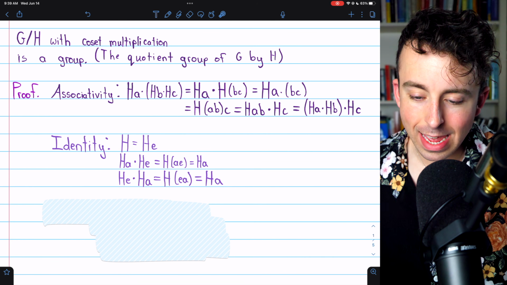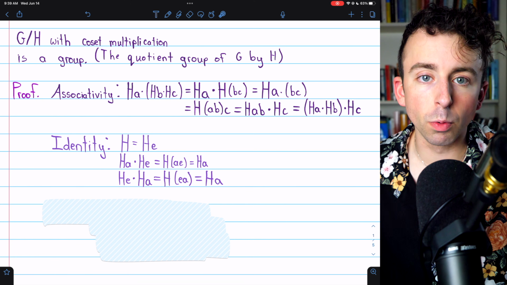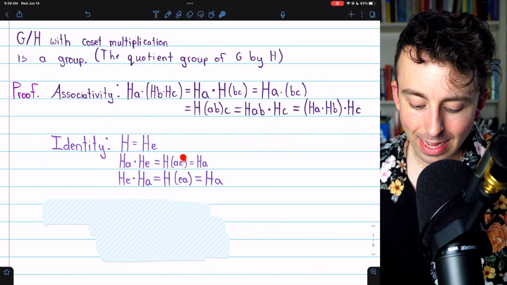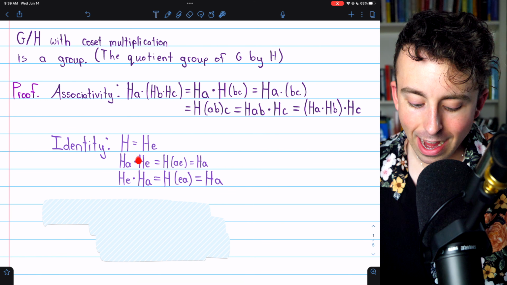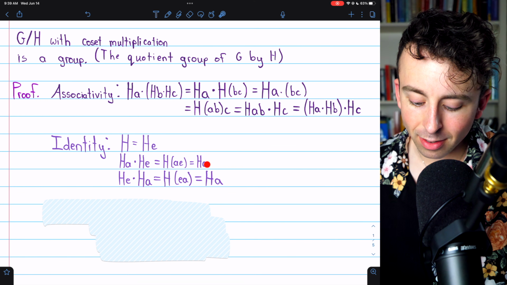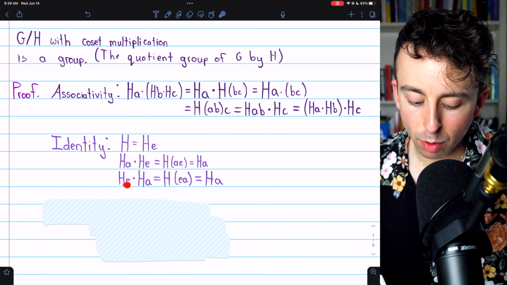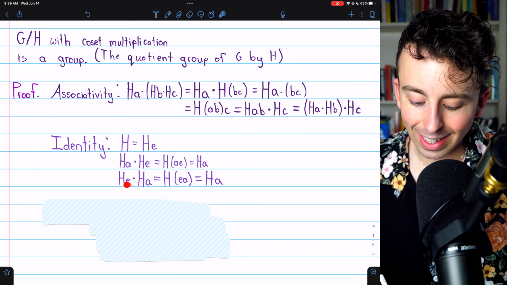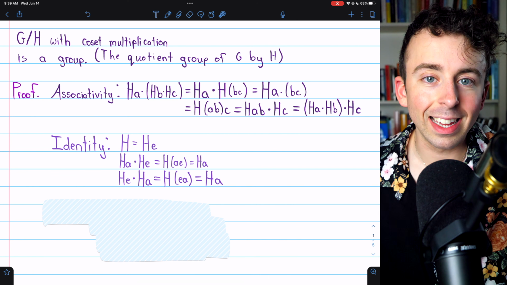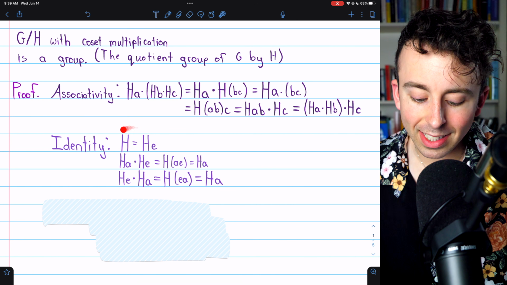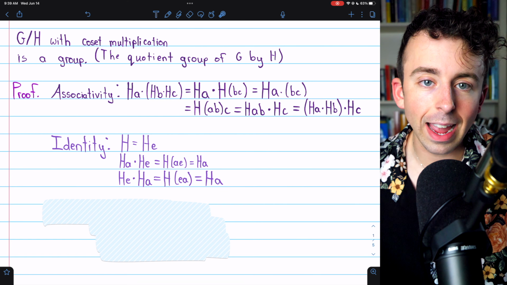We know that AE is A because E is the identity of the group G. So AE will have to be A, thus establishing that multiplying by HE on the right does not change the coset. The same thing happens on the left. If we multiply by HE on the left, we're still just left with the same coset. It doesn't change anything. So indeed, this is the identity element of the set, HE, or just H itself.